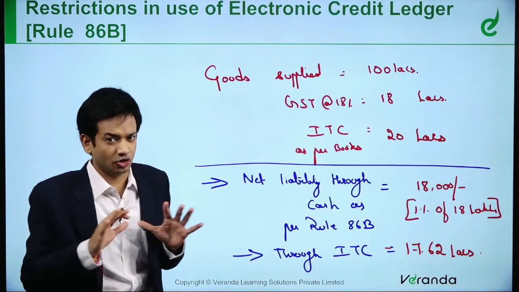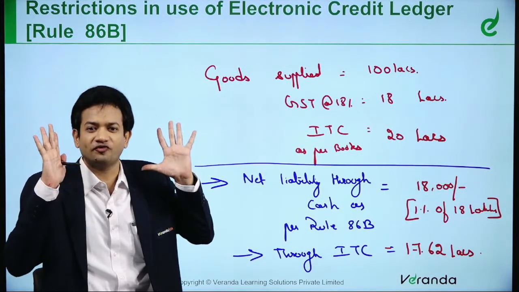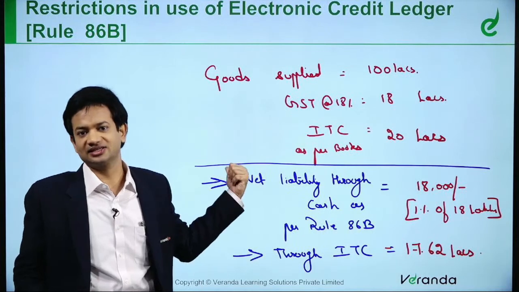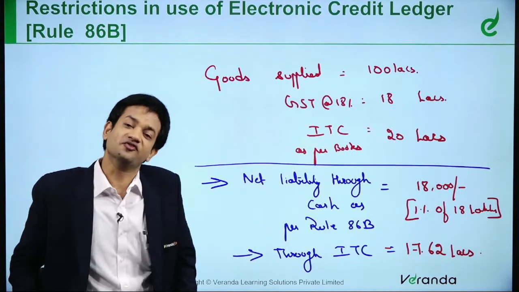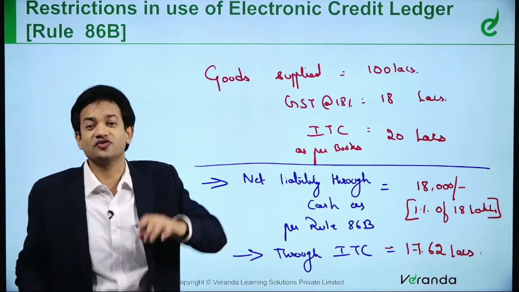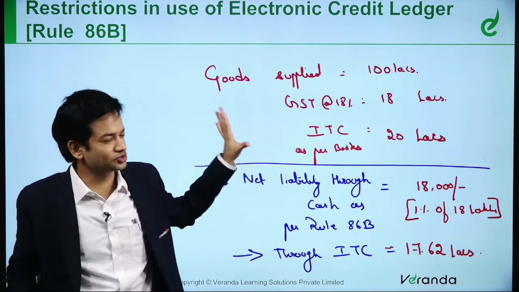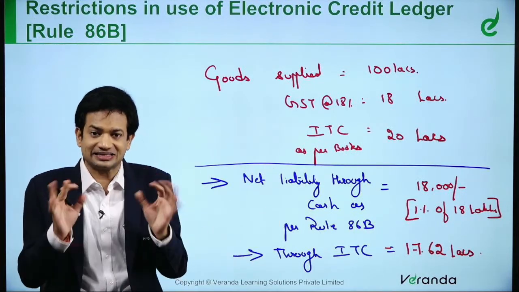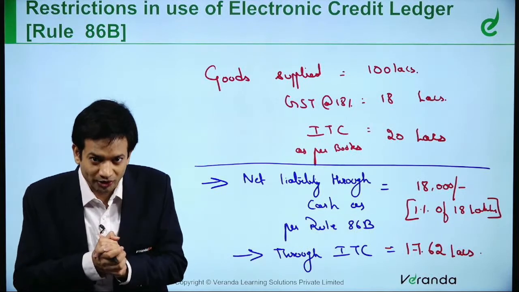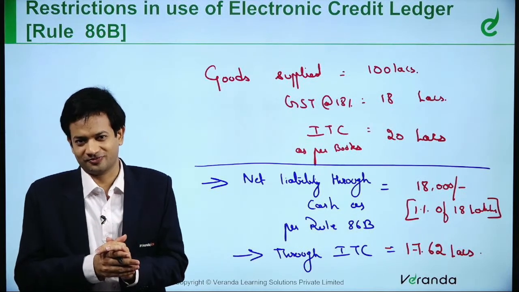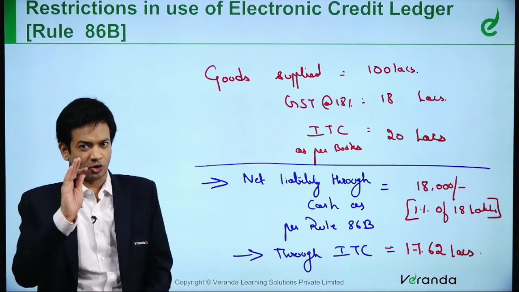So for small businessmen it is not applicable, but if turnover is above 50 lakhs, then yes, this Rule 86B is applicable to you. Further, there are a few more exceptions. We will discuss. So this rule is applicable to everyone except a few of them. Who are those? We'll discuss in this rule, right? Let's proceed now. So I hope this concept is clear.